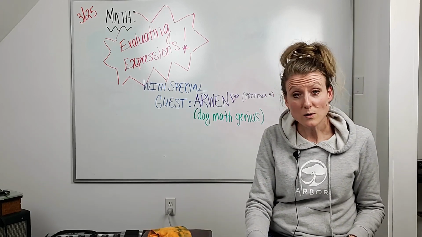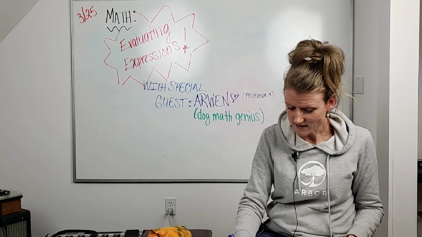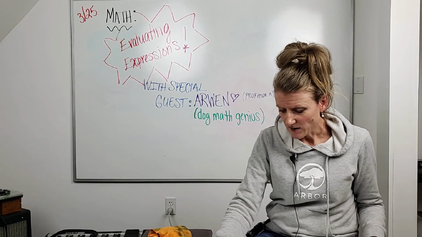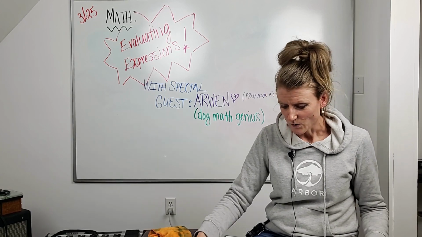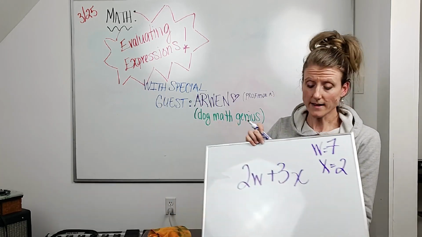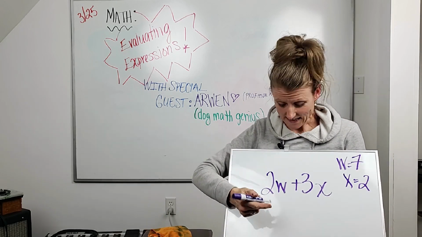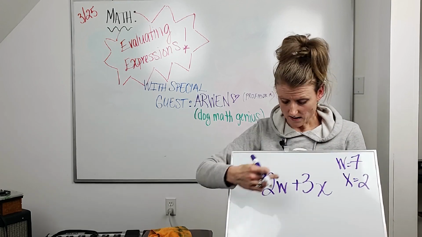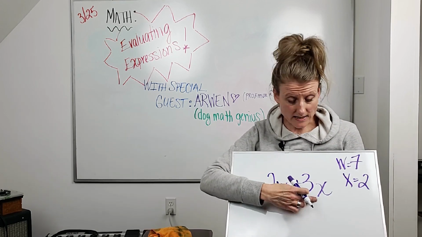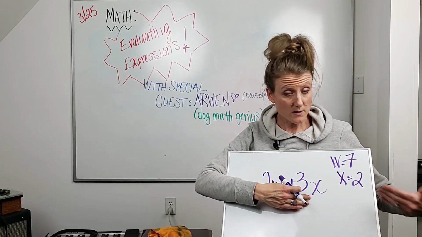Go even higher. 2w plus 3x. And I'm going to give you the information that w is a 7 and the x is a 2. So we're going to plug that in. Remember, side by side indicates the operation of multiplication. So this will be, I've got a 7 here, so 2 times 7, and then 3 times whatever x is. X is 2.